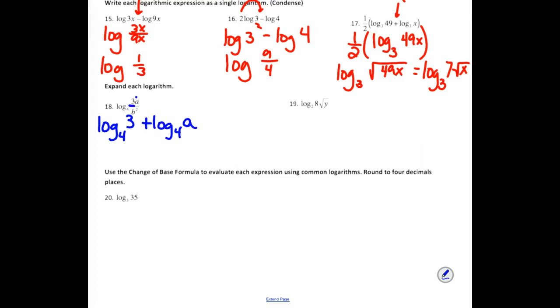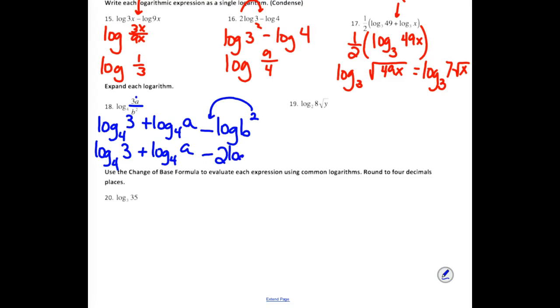And then our quotient gets expanded into subtraction. So we are subtracting log of b squared. Then we do have this power here that we should move to the front. So we have log base 4 of 3 plus log base 4 of a minus 2 log base 4 of b.